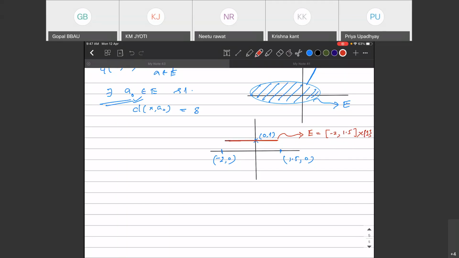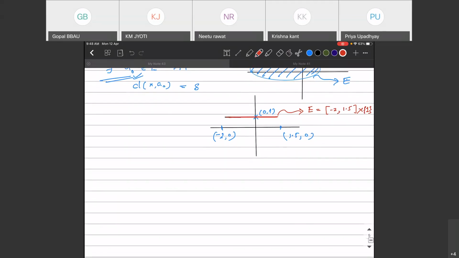Okay, this is the set. And say this is open. Open means the endpoints do not belong to the set.